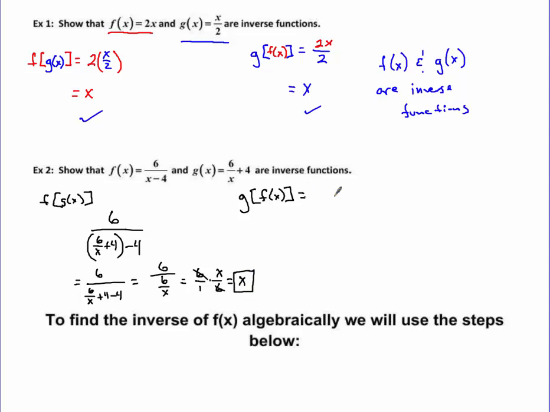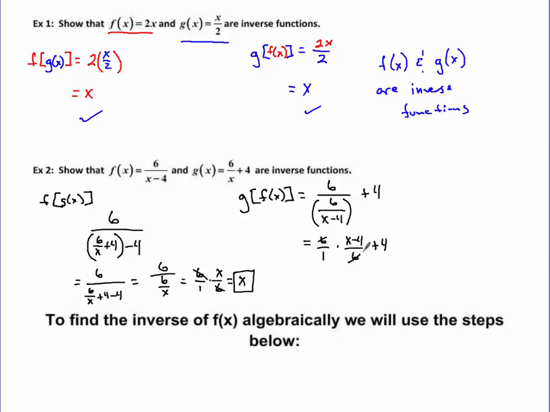Now we're going to do g of f of x. So that is 6 over x minus 4. That's our f of x that's getting plugged into the x plus 4. So 6 over x minus 4 is 6 over 1 times x minus 4 over 6 plus 4.